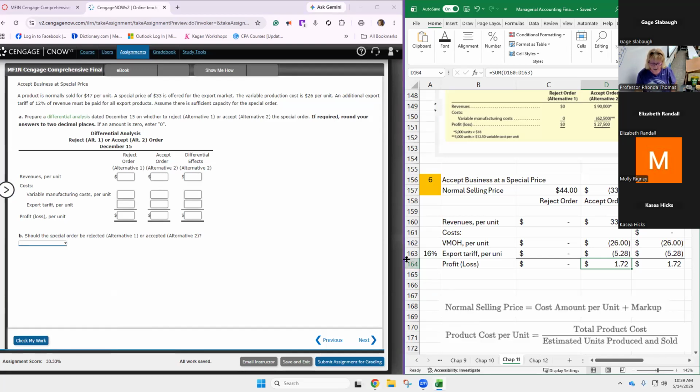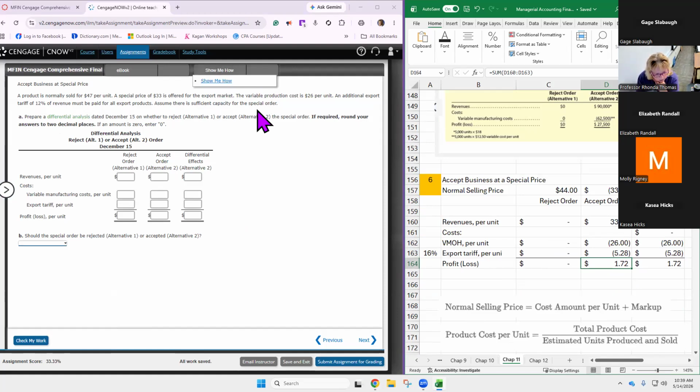So if a manufacturer is working, they have a normal selling price, right? So let's see if we can read through this. A product is normally sold for $47 a unit, but they have been requested to sell it at just $33 a unit for the export market.